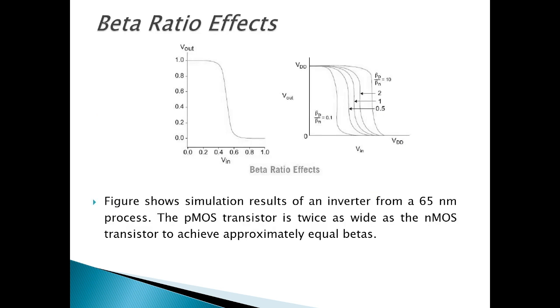Also, these CMOS devices exhibit beta ratio effects. It's a wonderful effect we can discuss. From this figure, it shows the simulation results of an inverter process. The PMOS transistor is twice as wide as the NMOS transistor, to achieve approximately equal betas.